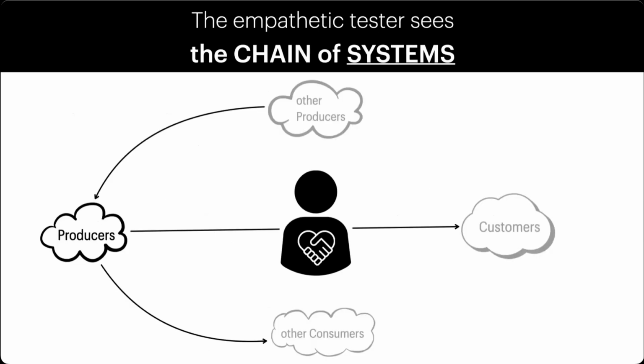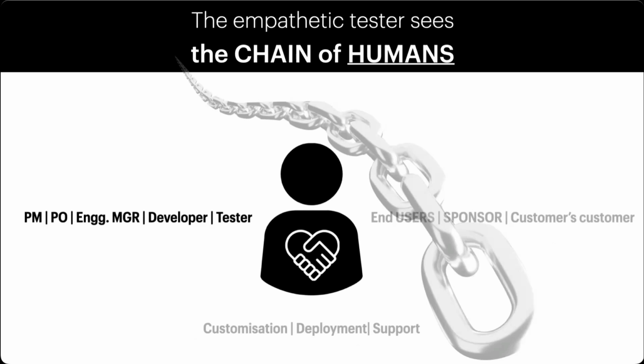It's also equally important to understand that an empathetic tester sees this chain of systems, right? This is what we talked about, seeing the chain as producers to consumers, other producers to me, and me as a producer to the other consumers, so that we can visualize that we are not just an isolated piece. If I take a much more expansive view, then possibly I see a chain of systems. And I just wanted to conclude by saying that an empathetic tester sees the chain of humans too, which is what we talked about.